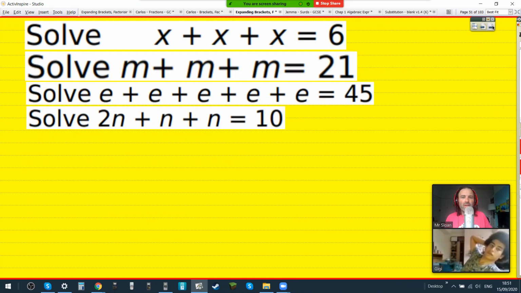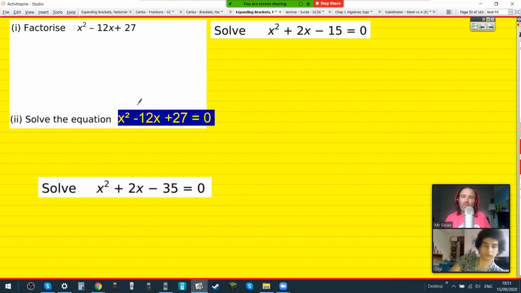It's all right. There's one last thing I want to get to. Okay, you earlier did this question. No, you didn't. This one, x squared minus 12x plus 27. What does that factorize to? 3 and 9.